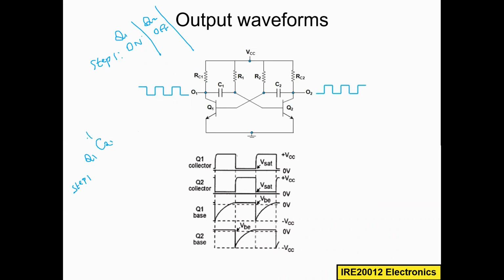This is the output 1. And this is transistor Q2, and this is the collector of Q2. This is the output 2. So we have 4 columns now.